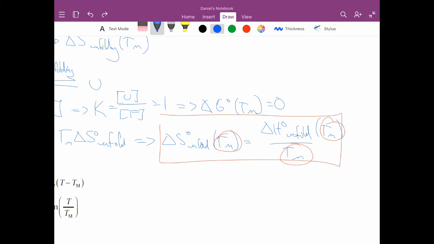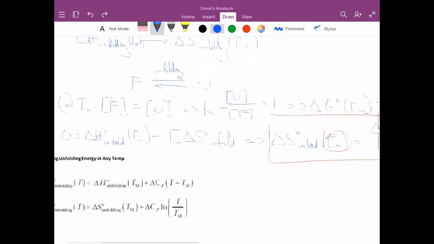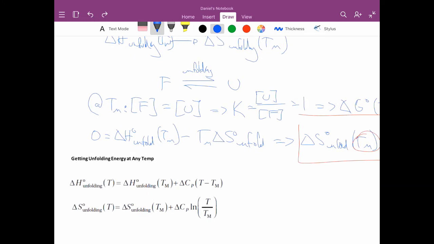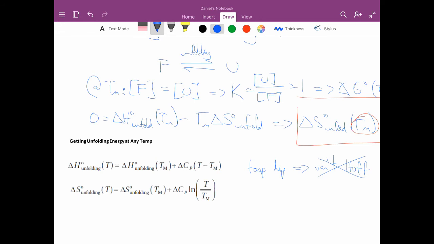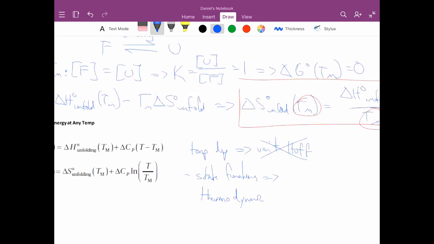So, since there's a temperature dependence of the heat capacity and thus the entropy change, you can't use your typical Van Hoff analysis. So temperature dependence implies you can't use Van Hoff. But what you can do is leverage the fact that these delta H's and delta S are all state functions, and you can use thermodynamic cycles to adjust these equations for different temperatures.